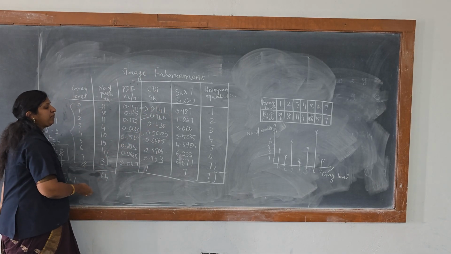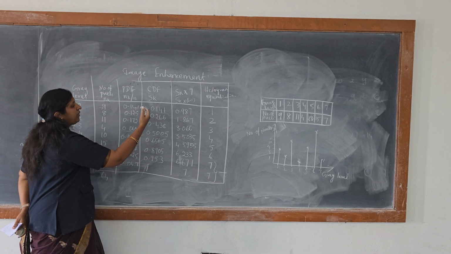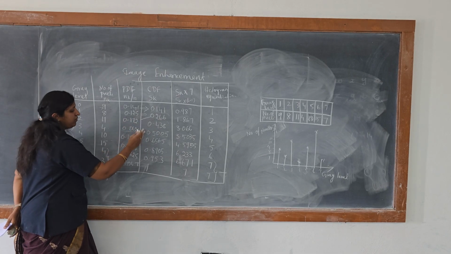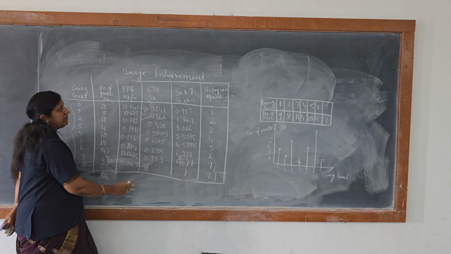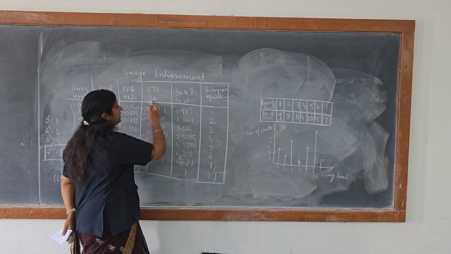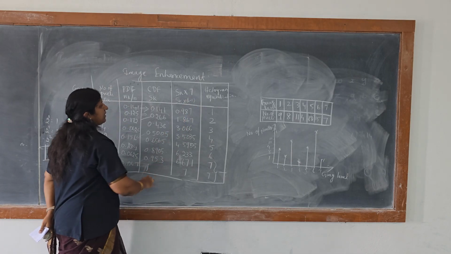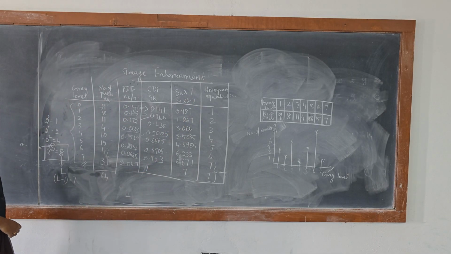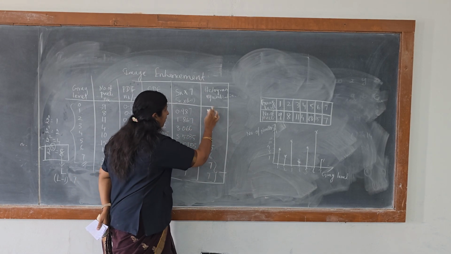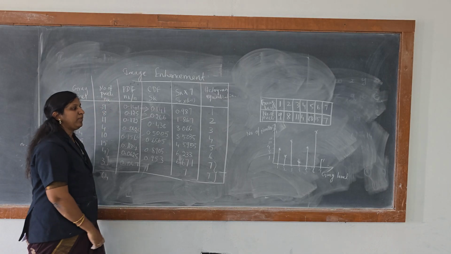For all the remaining values, we take the previous CDF and add it with the PDF value, and we get the cumulative CDF. Then the next step is to take this Sk and multiply it with L minus 1. In this example, L minus 1 is 7. Finally, we round off all this Sk into L minus 1 and we get the histogram equalization.